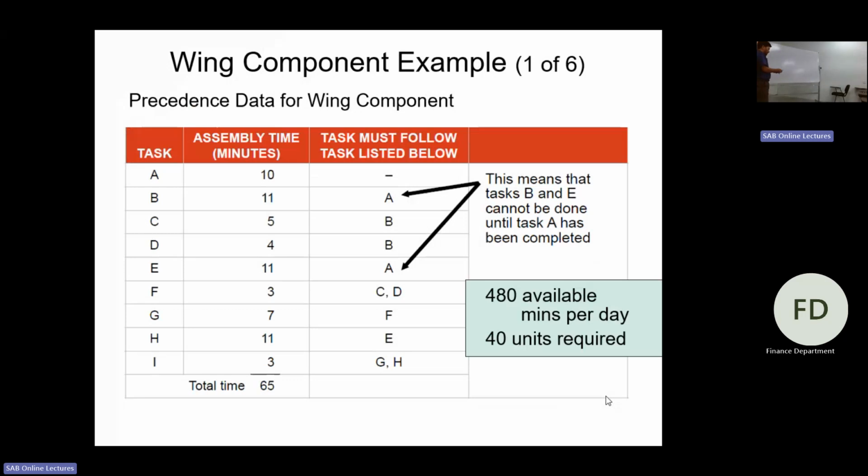In that diagram, we use two symbols: one is a circle and the other is an arrow. Circle represents any task, arrow represents the flow. Looking at the data here, we drew that precedence diagram, which is important. Even in an exam question, if such information is given, you have to develop the precedence diagram first of all.